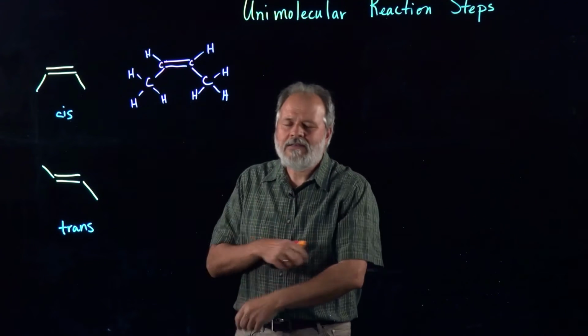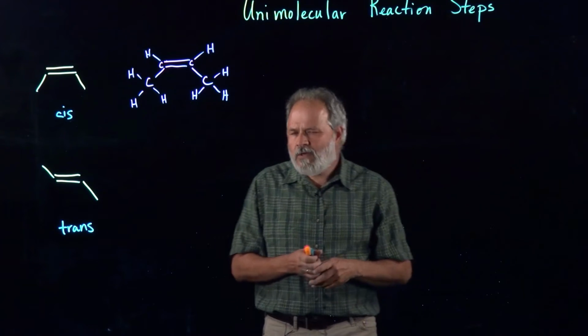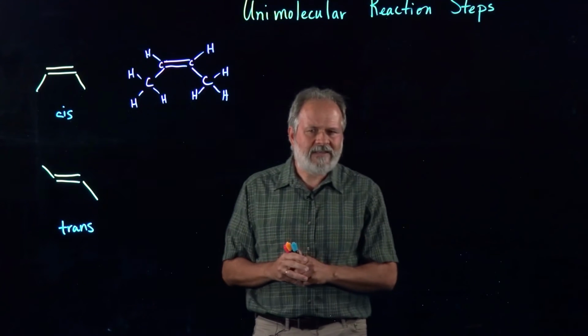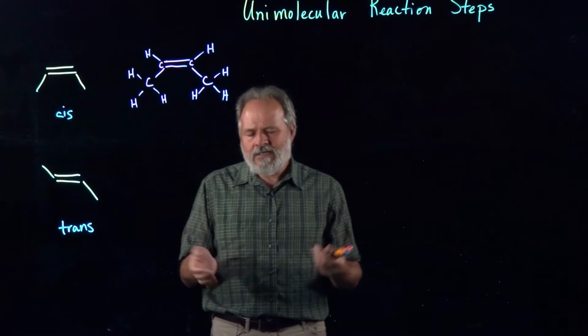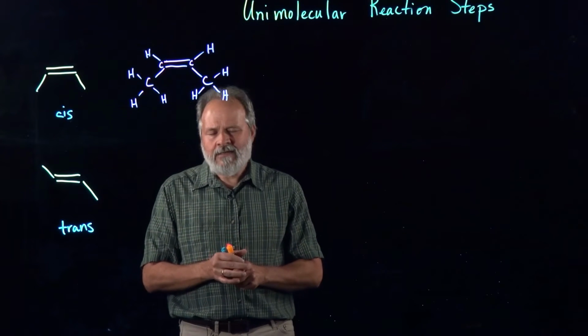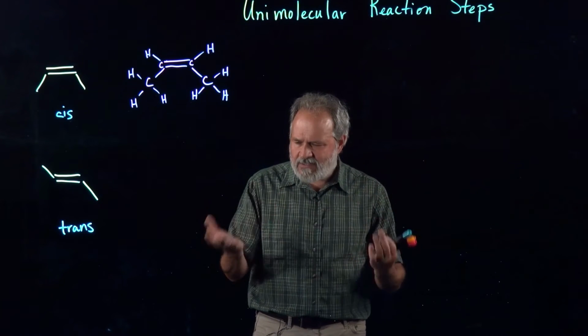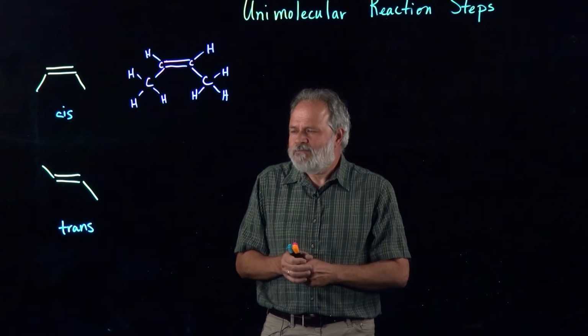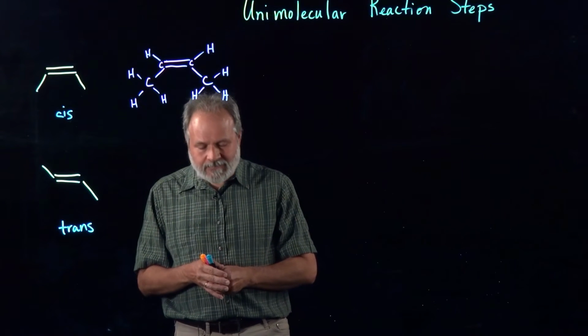Now the double bond in these compounds is more or less rigid. That is to say that cis will not change to trans unless the reaction conditions are correct. But generally speaking, if you have a molecule that's got cis bonds in it, they will stay cis until they go bad, actually.